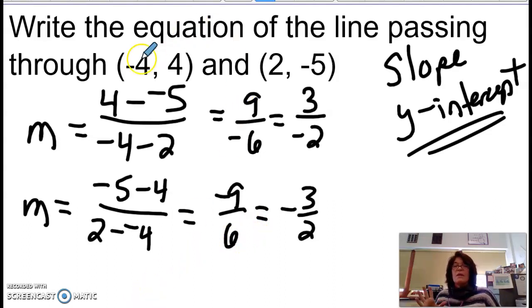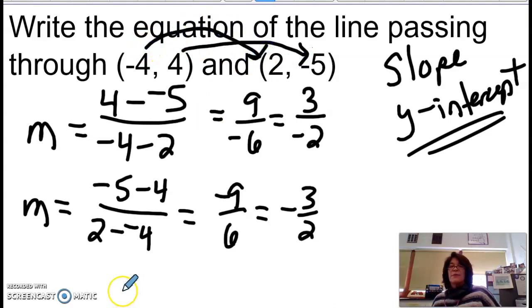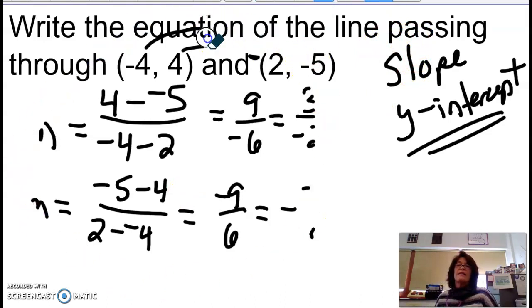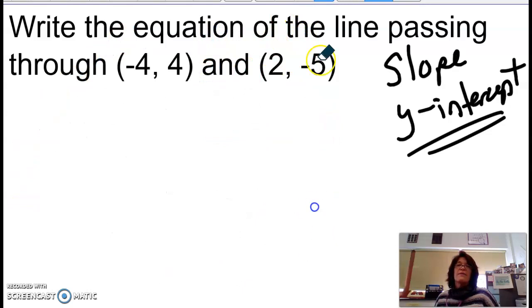Just start with 1 point, subtract the y's, and then start with that corresponding x and subtract the x's. All right, so I have my slope is negative 3/2. Fantastic. Slope's negative 3/2. I need the y-intercept.